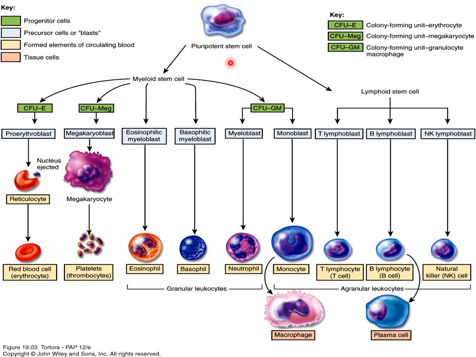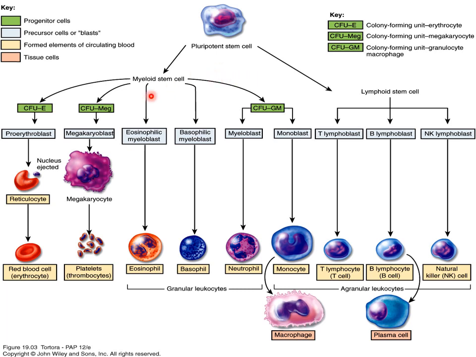Remember that all of these bloodlines originate from one stem cell. Here they're calling it the pluripotent stem cell. We mentioned earlier that it was the hematopoietic stem cell. It's the same thing, just referring to the fact that from this one type of cell, all of these cell lines, bloodlines, can be created.